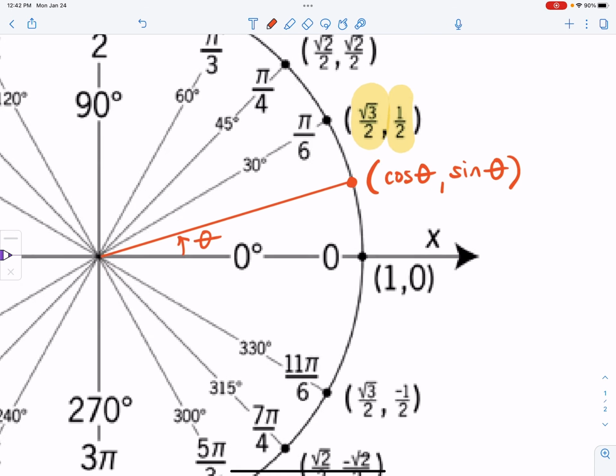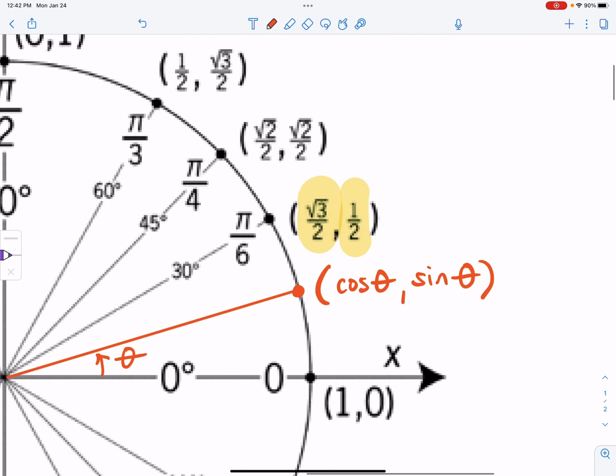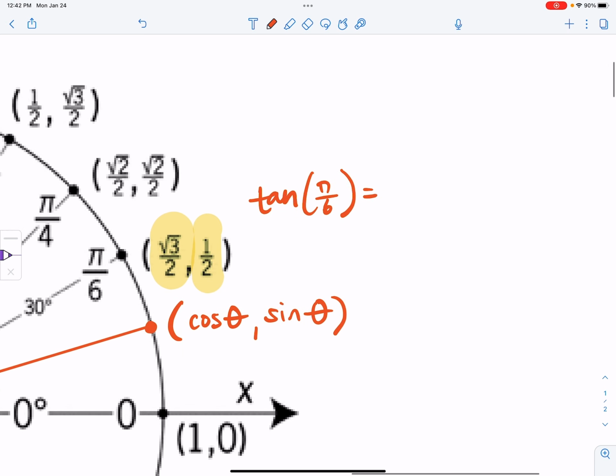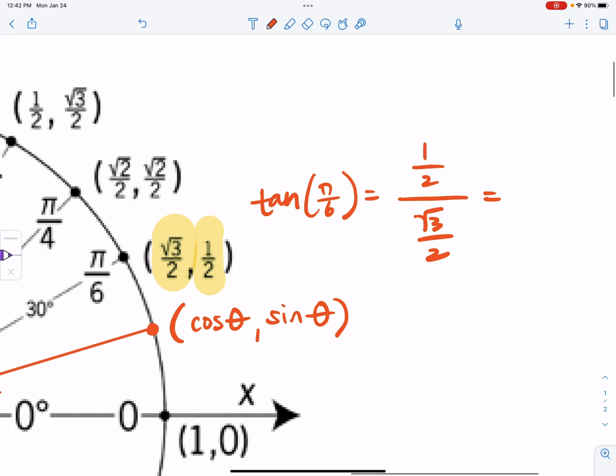So for example, if you wanted to know what tangent of pi over 6 was, you can write this out. Okay, sine over cosine or y over x, so it would be 1/2 divided by root 3 over 2, which ends up being 1 over root 3. If you multiply by 2 over 2, that simplifies to be 1 over root 3, which when you rationalize the denominator is root 3 over 3.